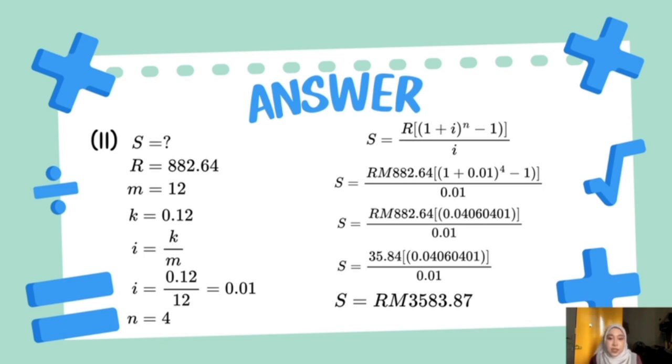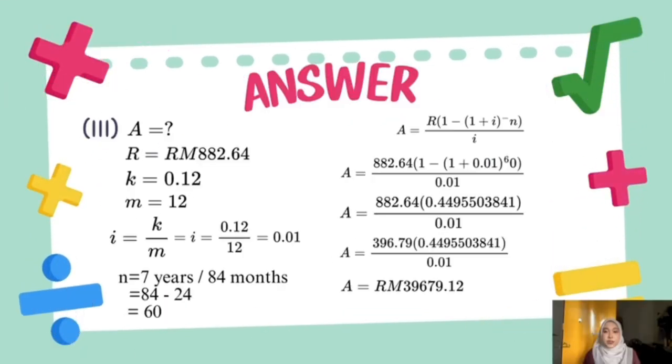We calculate that: S equals 882.64 times 0.04060401 over 0.01. So the total for S is RM3,583.87.